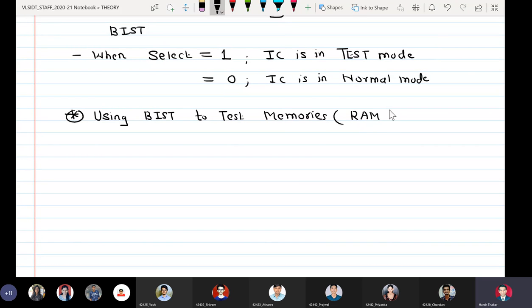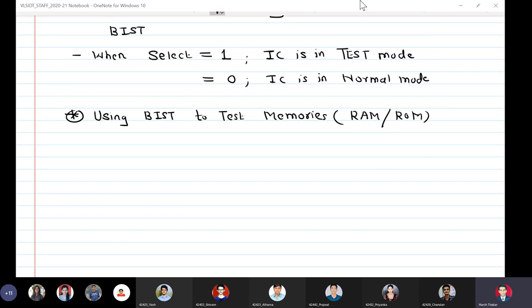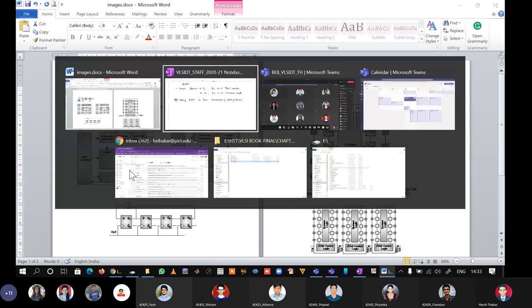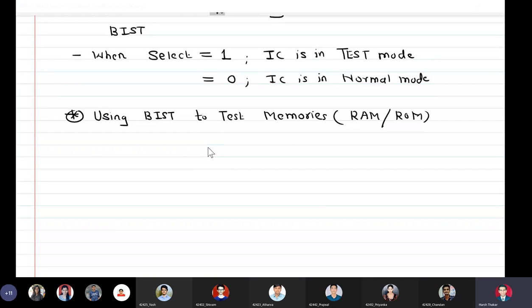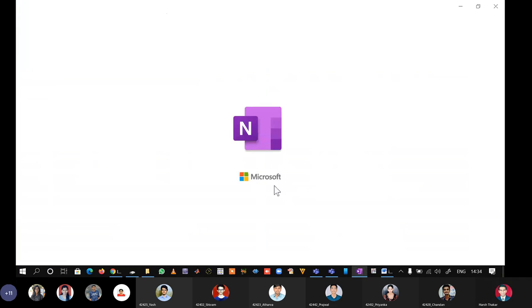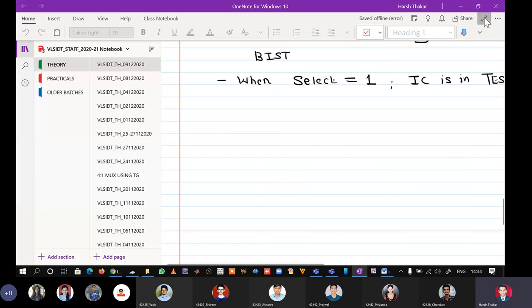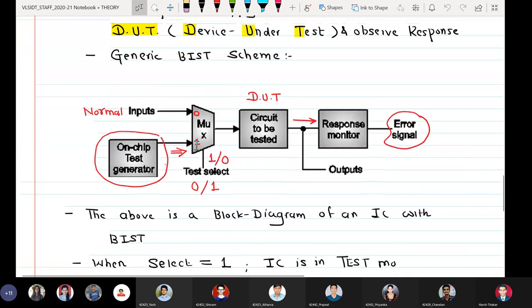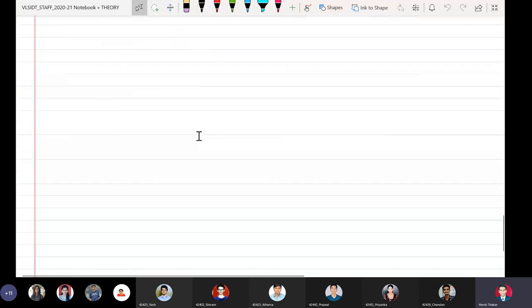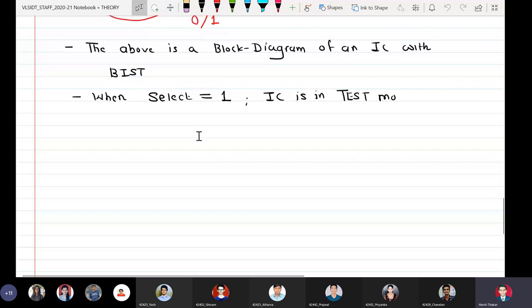So memories can be either RAM or ROM. Again, I'll insert some pictures here, so we'll come to know. Something got lost actually. Anyways.